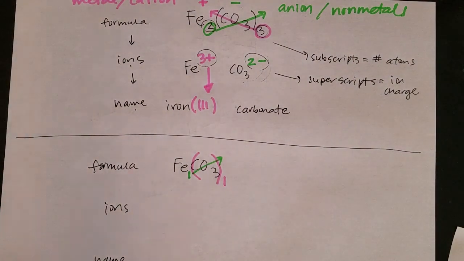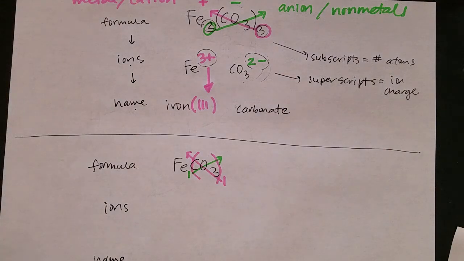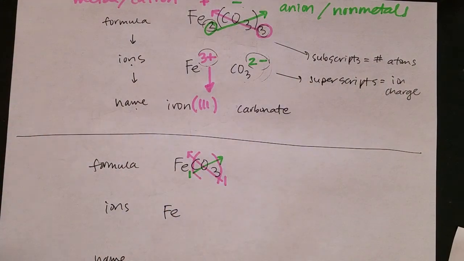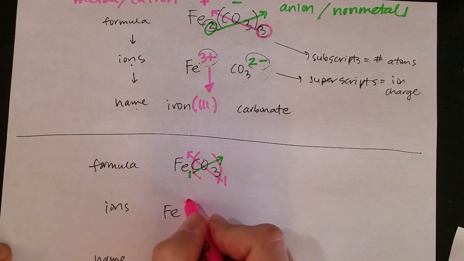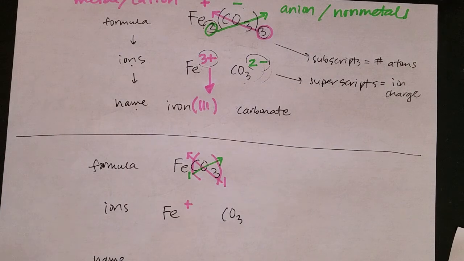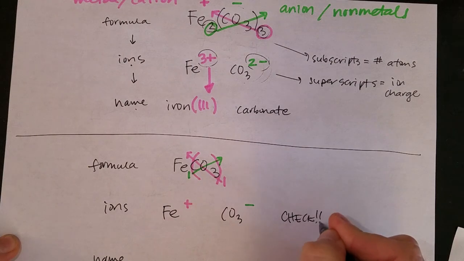So I just put it in parentheses to realize that there's 1, okay? Now, when I do that, I would come up with iron having a positive charge and carbonate having a negative charge.